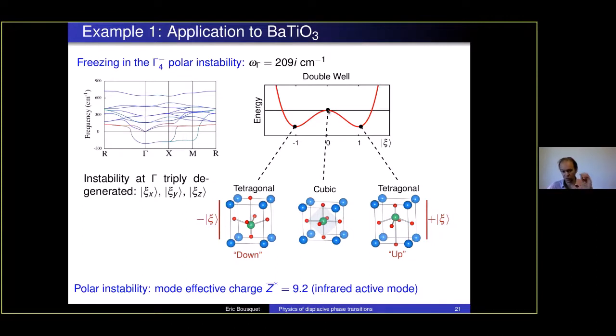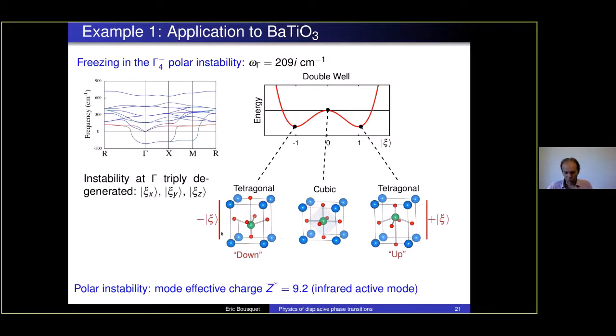This means that for every amplitude of this pattern of distortion that you put into the structure, you compute the energy for each case, and you find the double well energy landscape, as we have mentioned before. And this means that at the minimum of the energy, you reach the ground state of the system.